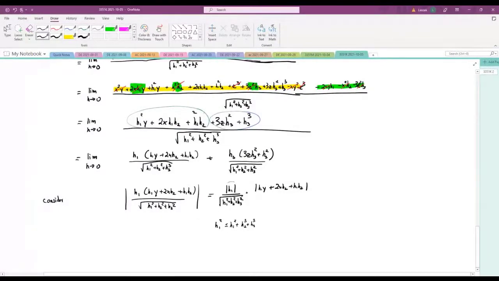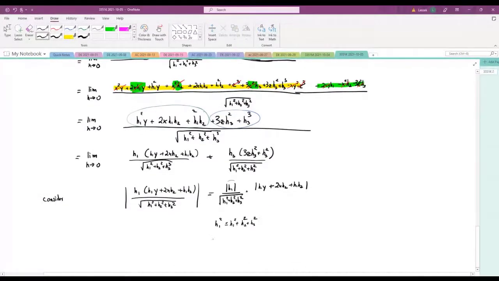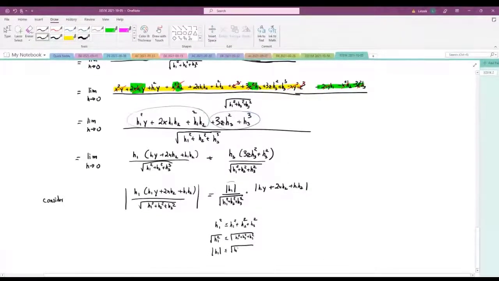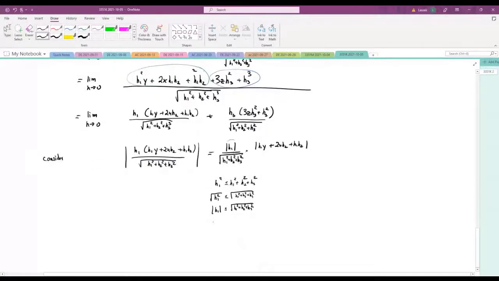So no one term there is bigger than the sum of all three positive terms. And you take the square root of both sides, and then you get the magnitude of h1, and I could have used any h1, h2, or h3 to make the same argument. Okay, and then if we divide, this factor is indeed less than or equal to 1. And this is nothing mysterious. If you think in terms of vector magnitudes, we're just saying that it's like a generalized triangle, right?